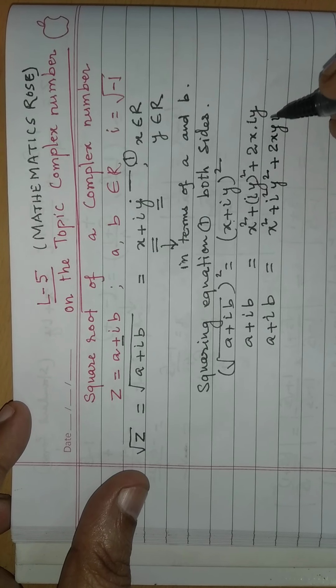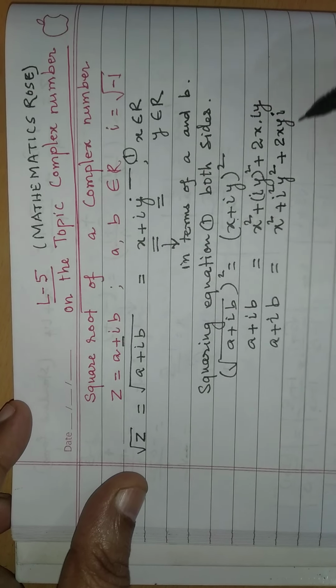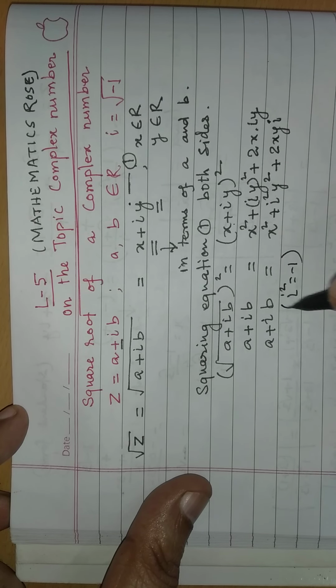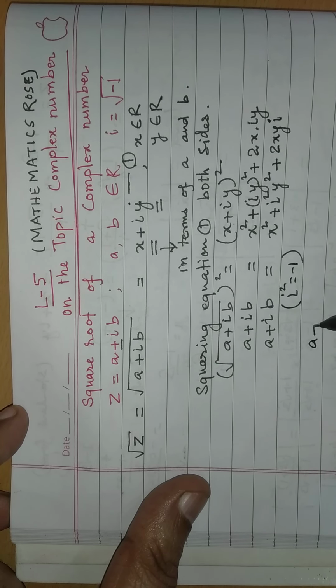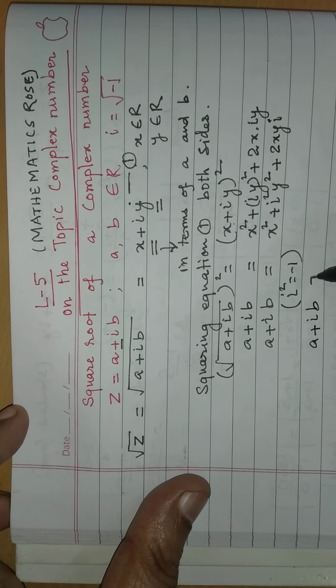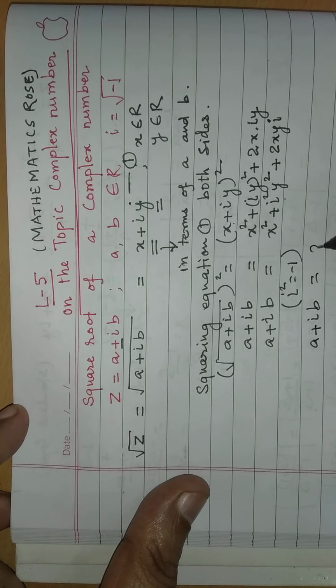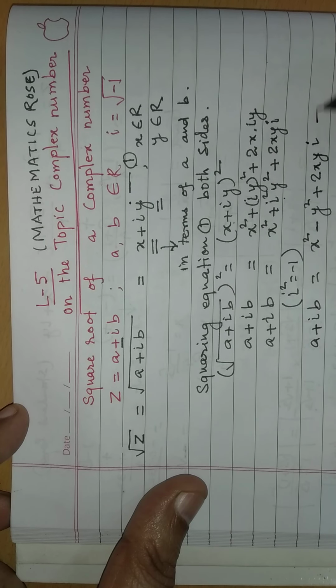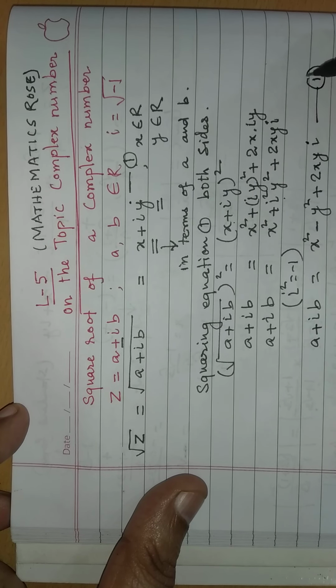As you know that iota square is equal to minus 1, on the right hand side we will put minus 1, so it is x square minus y square plus 2xy iota. This is taken as equation number 2.